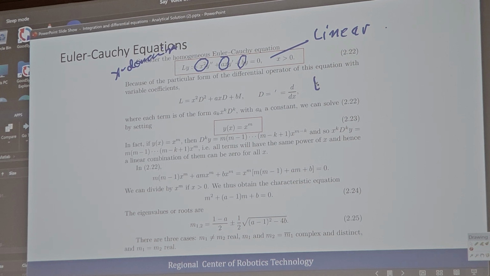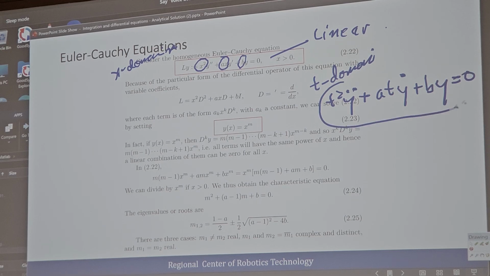If in the time domain, it can be written in this form: t square y double dot plus at y dot plus by equal to 0. This form is in the t domain, and this is the x domain.